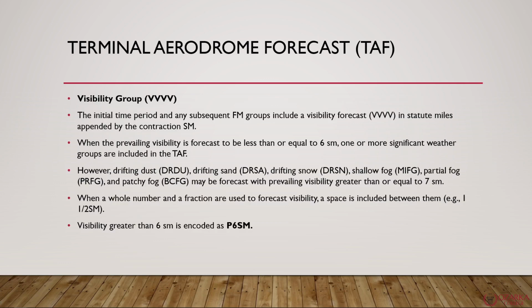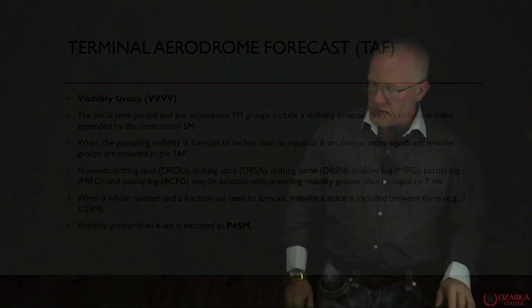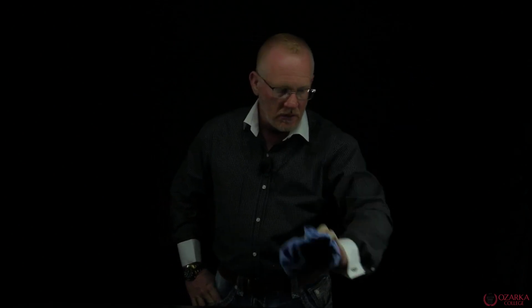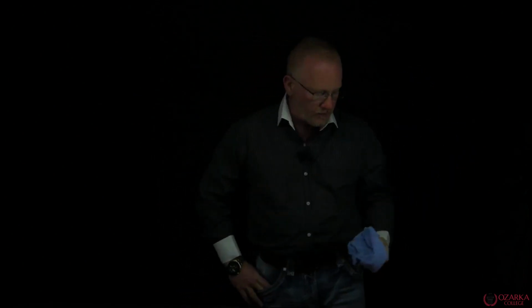Now, I want you to look at that very last line of this slide. P6SM, visibility greater than 6 statute miles. So let's go back to the board here just for a second, okay? I have seen in the past where students get confused by that P6SM.